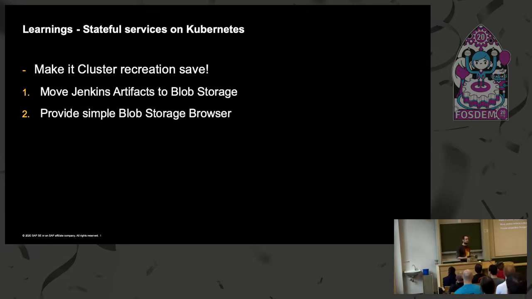There are persistent disks, which we use, but we don't expect that they can be deleted and should not be allowed to be deleted. For the blob storage, we actually built a small browser, which is secured with LDAP, and then you as a customer can use the Jenkins artifact browser, but for any long-term thing, there is this GCS tool, and you go on this, and you can just use it, and it will always be there.